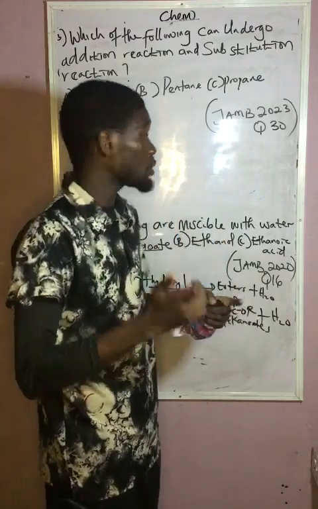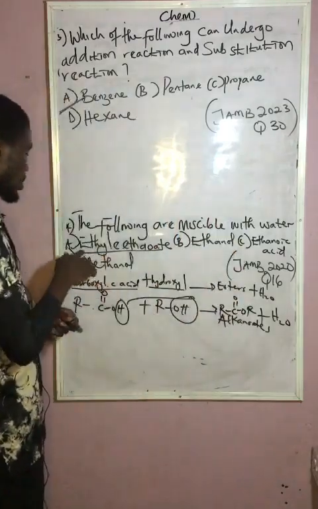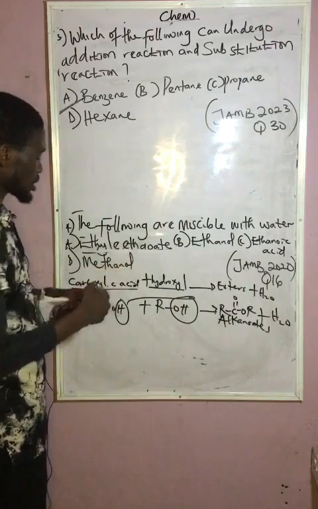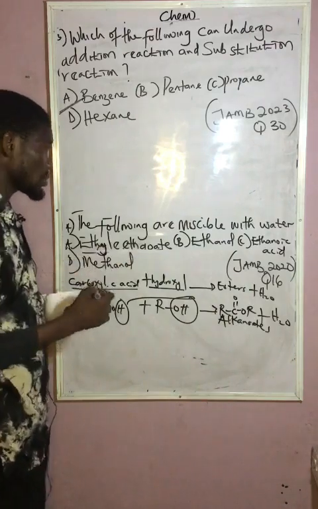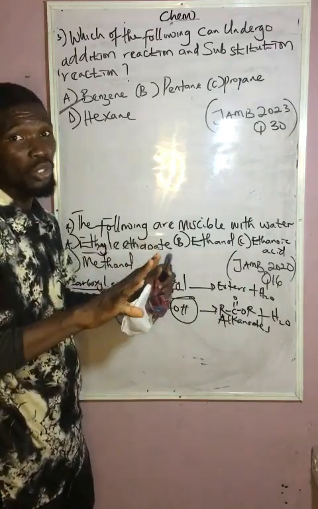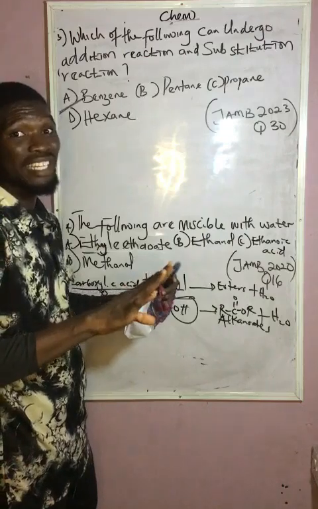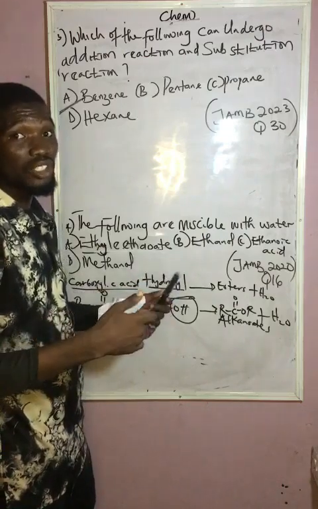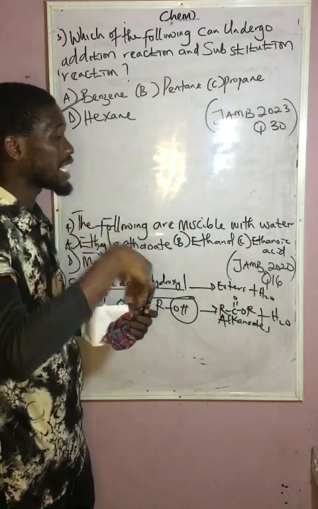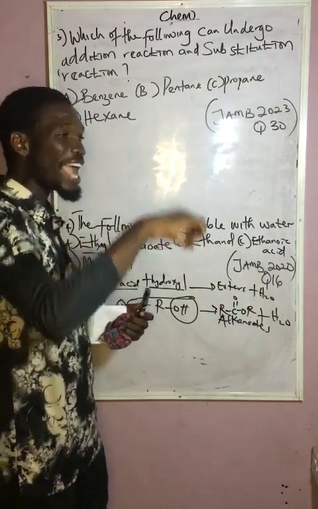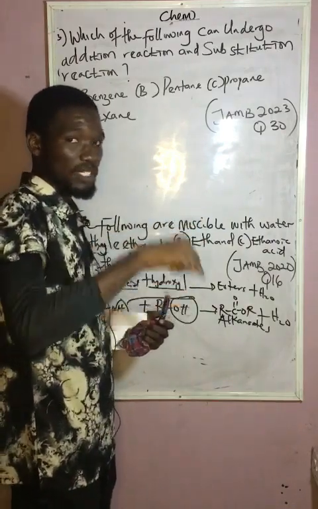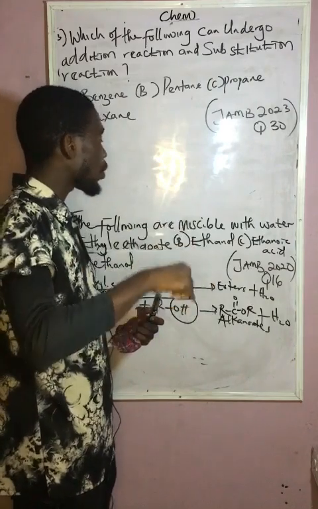So the answer is ethanoate, because it is not miscible in water. The way you approach your question in JAMB, you might understand it fully, and at the end you miss it. So you need to understand the question, understand why A is A, why B is B, why C is C, and why D is D.